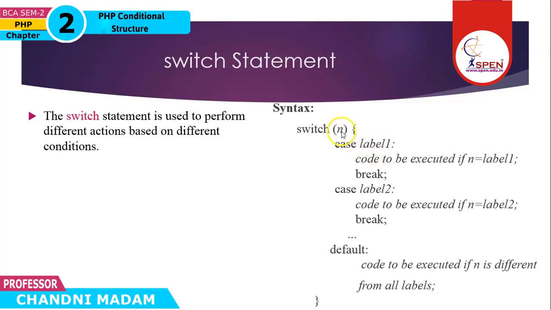If your n and your label 1 are both equal, then the case 1 block is executed, and after the case 1 block it uses a break statement, so the rest of the cases are not checked. If your first case is not matched to your expression n, then your n expression is compared to your case 2. If this case is also not matched, then it executes your default block.